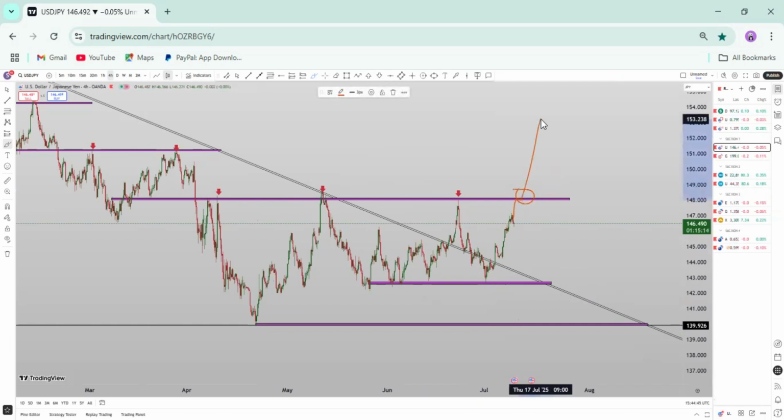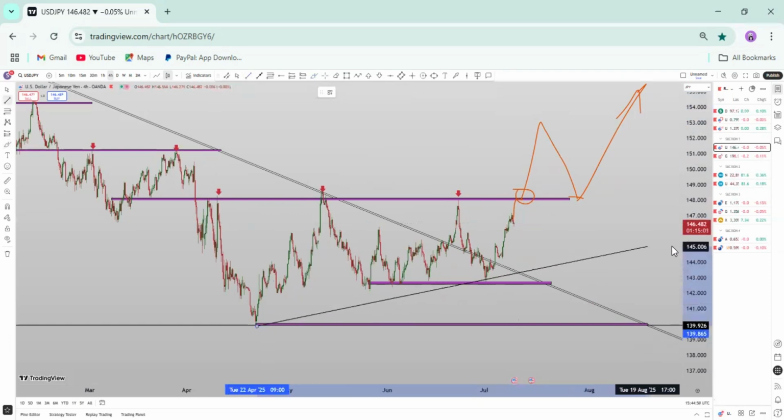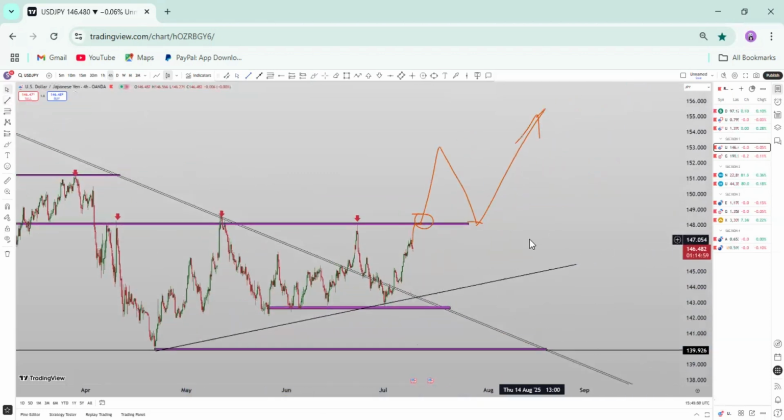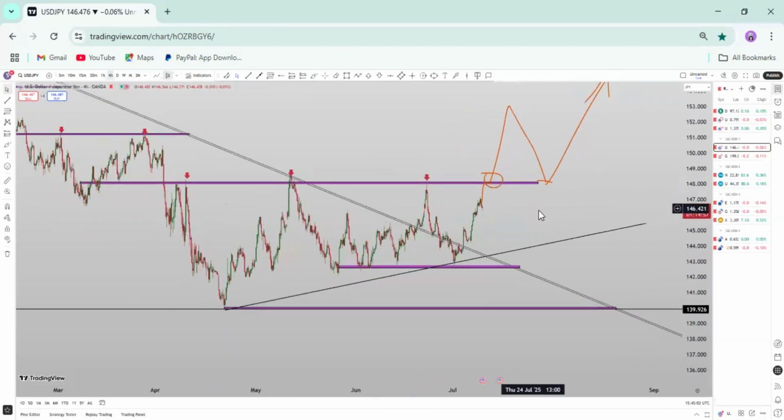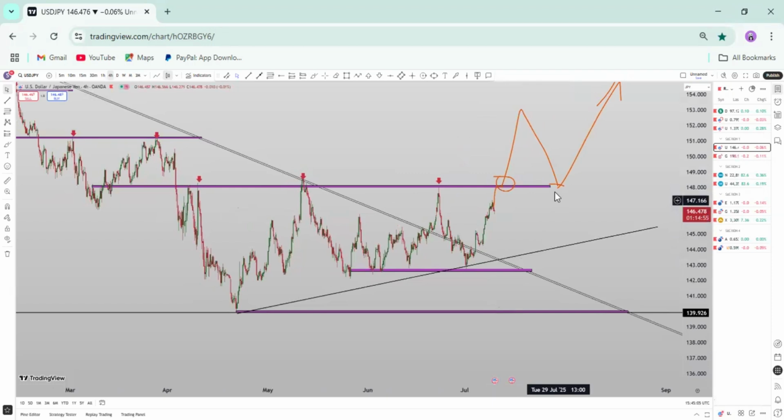If the market breaks this area, then I will be more confident to wait for the retest before changing my bias from bearish to bullish, because that will indicate that the market is changing the trend from bearish to bullish. Maybe the market will do a little more retracement around here before changing the bias to bullish. But that one, I'm not very clear about.